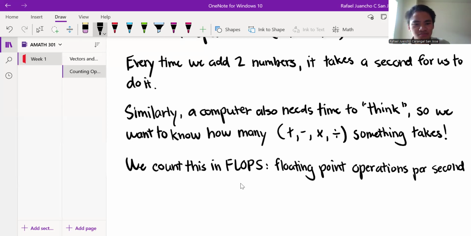Now, what do we mean by that? I'm going to Google it on the note. So what is flops? It's the floating point operations per second. It's a measure of a computer's performance, specifically how many calculations involving decimal numbers it can perform in 1 second. So floating point numbers are basically decimals.